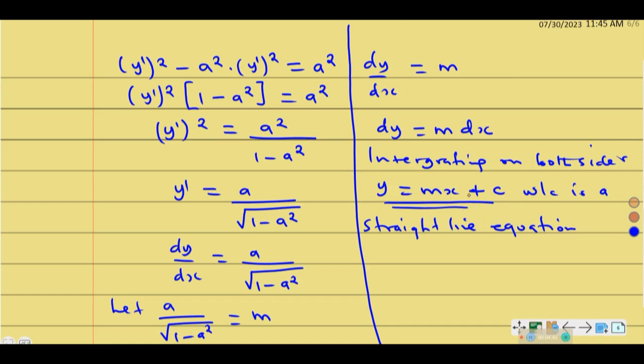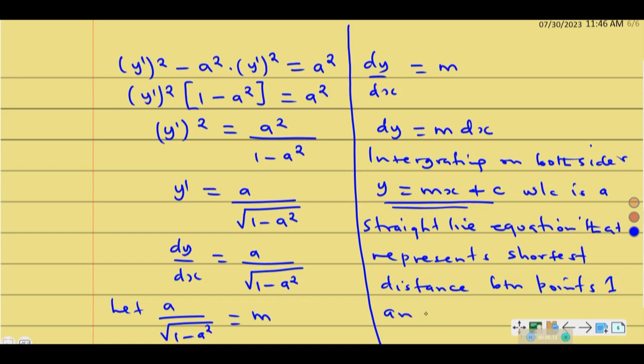So we can say y equals mx plus c, which is a straight line equation that represents the shortest distance between points 1 and 2. And this will be the solution of the Euler's equation for the shortest distance problem.